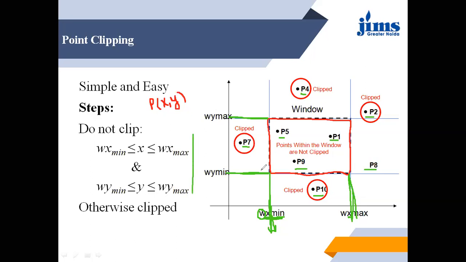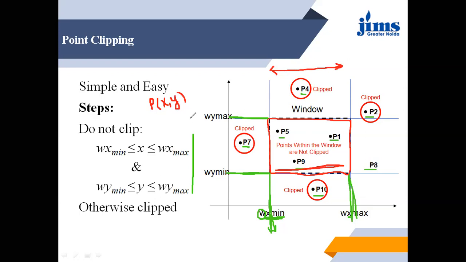Suppose the point is over here. It means on the x-axis it lies between Wx min and Wx max. When a point lies inside this region, it means it lies between Wx min and Wx max.